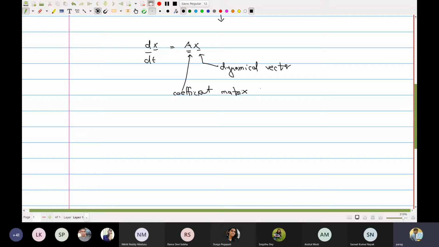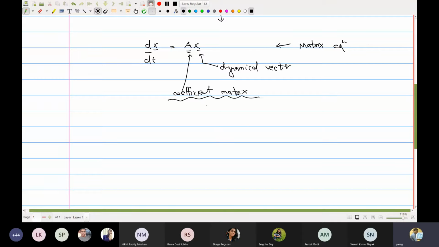Now, once you could cast your model equations in the form of this matrix equation, what you used to do was analyze the matrix. So in a state space domain analysis, your central quantity to be analyzed used to be the coefficient matrix.